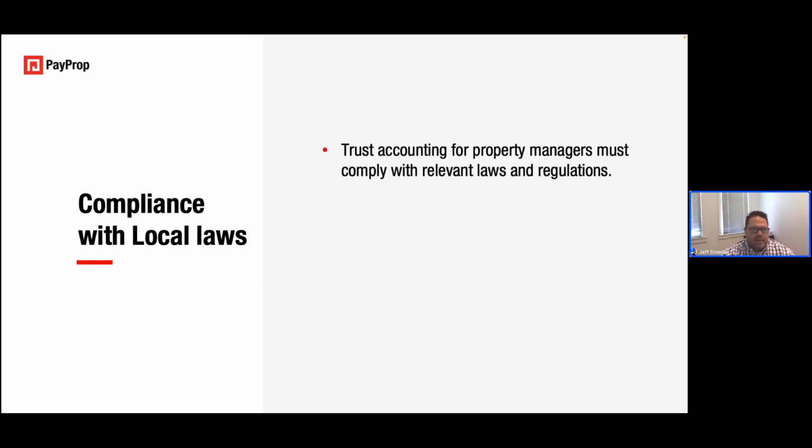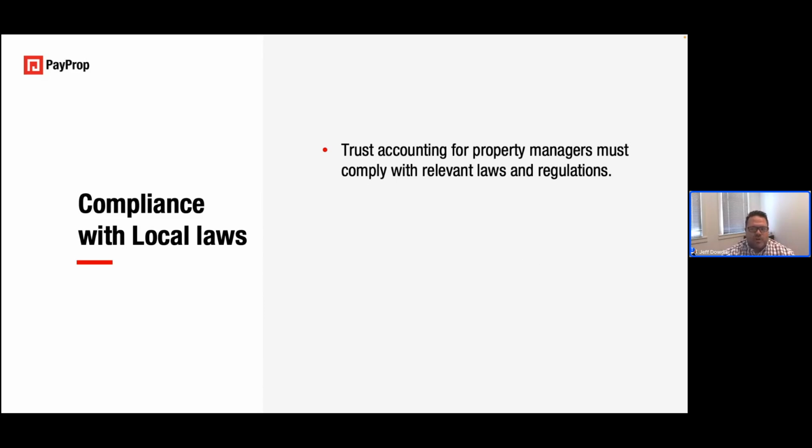The stuff that I'm talking about today is the general gist of most of the states. Some states don't require trust environments, which is much easier, but you can still employ these practices to make sure that your business is ethical, and you can use that in your marketing in terms of the ethics of your business. But most of the states have some level of specific laws related to it.